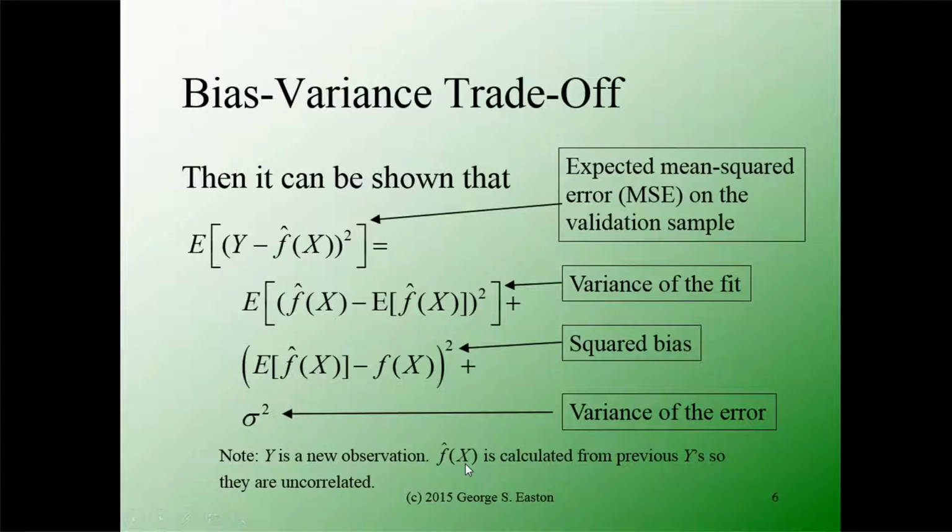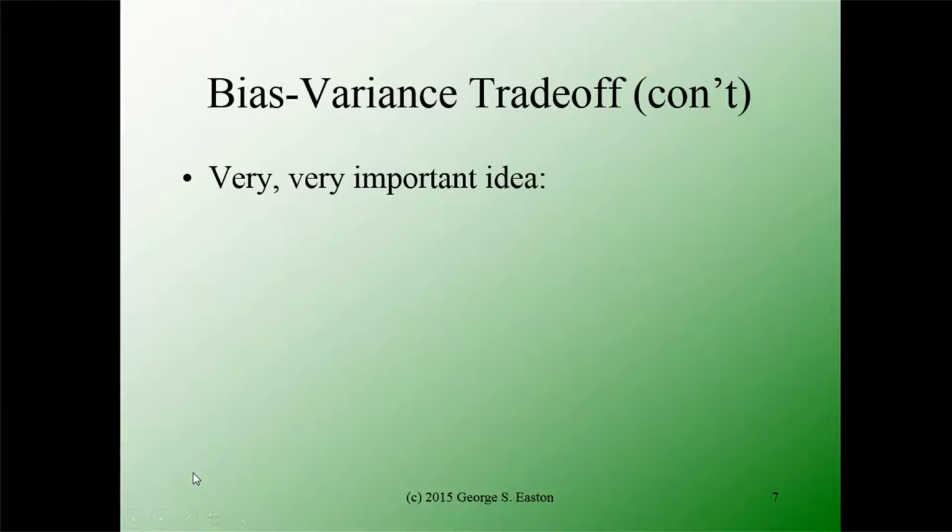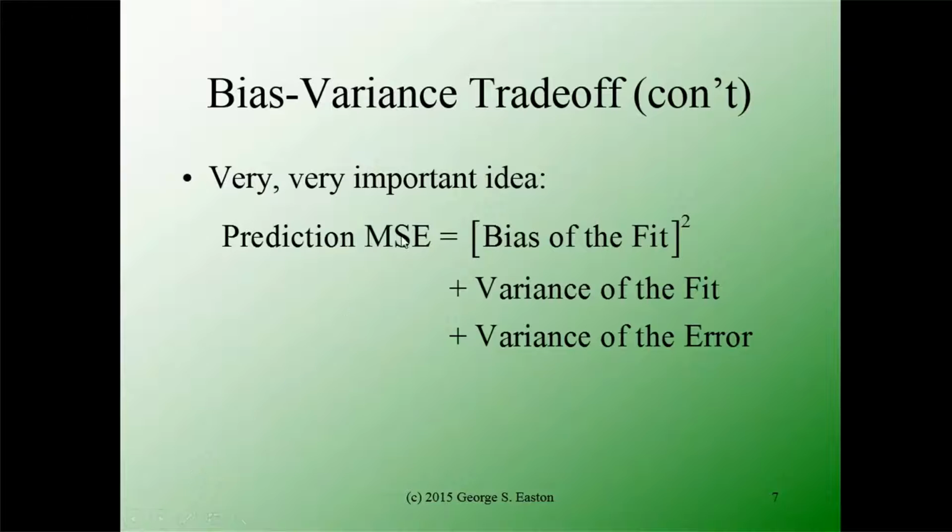Now it's not all that difficult to derive this formula, but I'm not going to do that here because I really don't think that it's all that useful. But what is important is the idea that the prediction mean square error, so this is the mean square error of the prediction on the validation sample, is going to be equal to the squared bias of the fit, that's a bias term, plus the variance of the fit, and then finally the variance of the error.